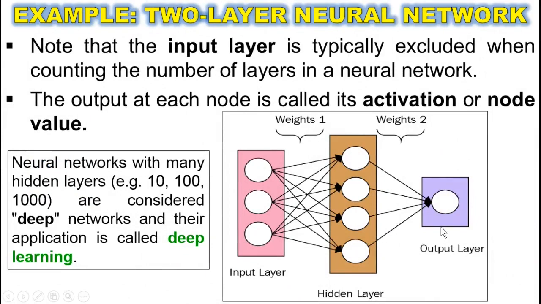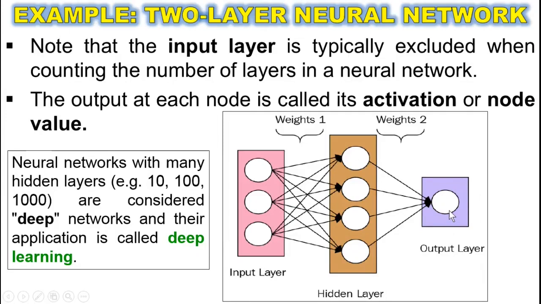Here is an example of a two-layer neural network. Note that the input layer is typically excluded when counting the number of layers in a neural network. A two-layer neural network consists of an input layer, one hidden layer, and an output layer.